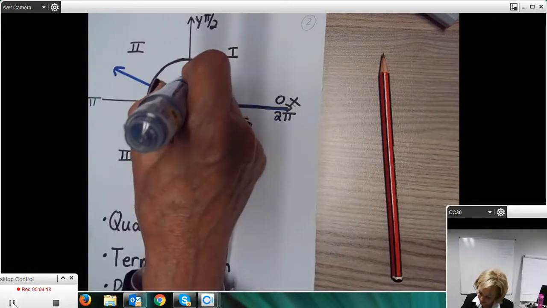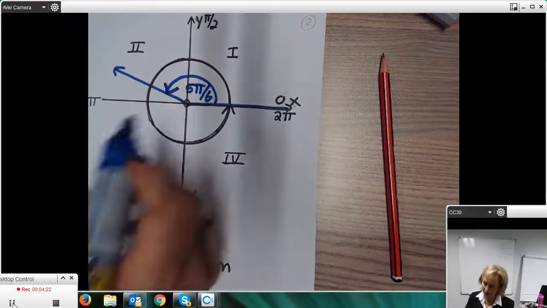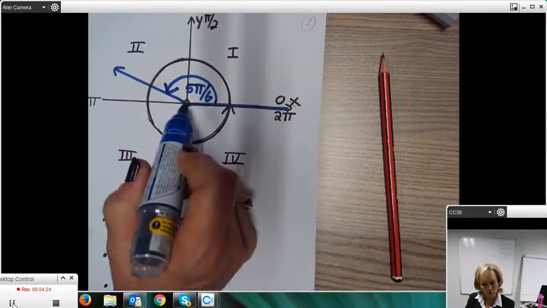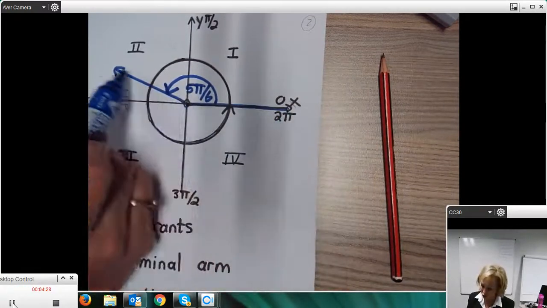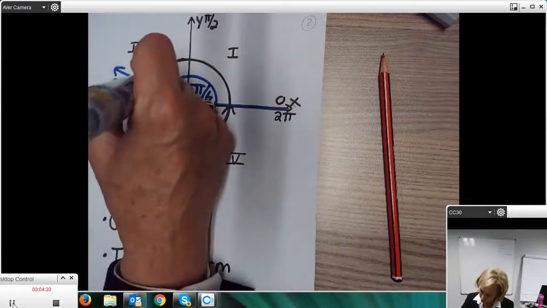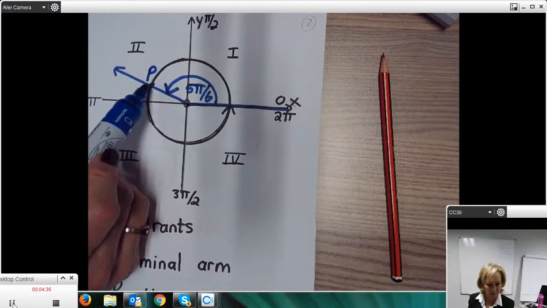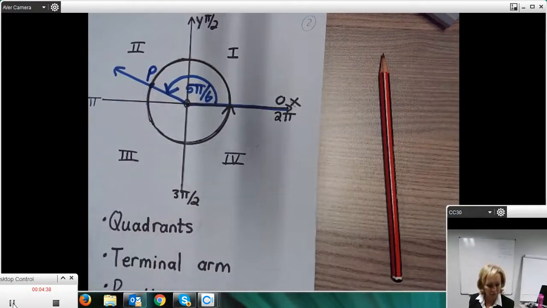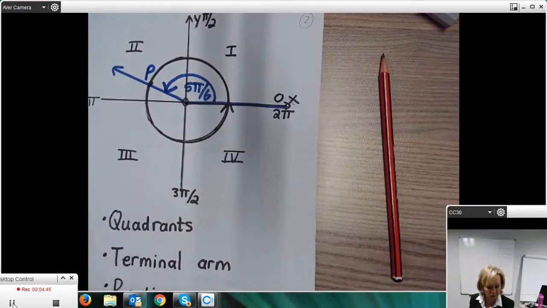So this angle is 5 pi by 6. The angle is formed by the initial arm, OX, and then the terminal arm, which I'll call OP, because P is the point on the circumference that defines the angle 5 pi by 6. So when they speak about the terminal arm, it is this arm OP that they are referring to.